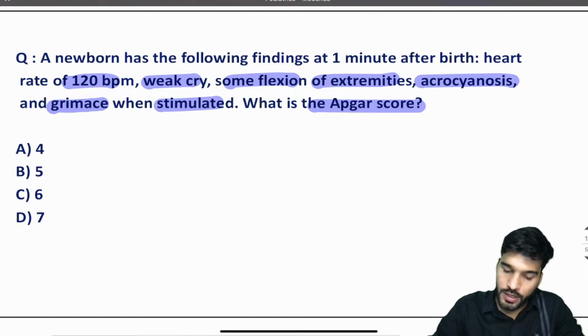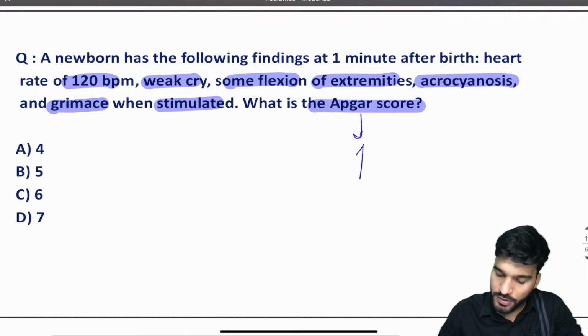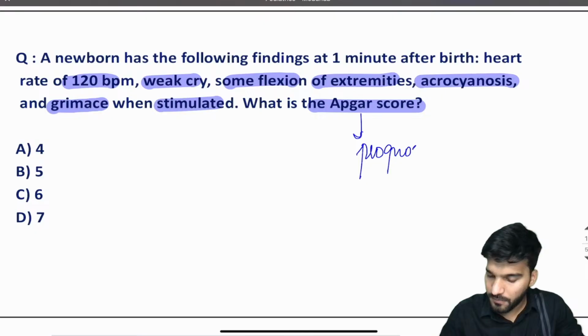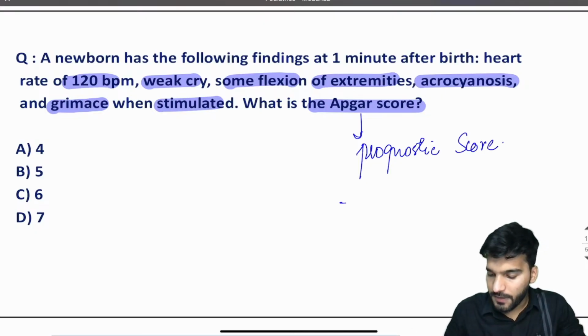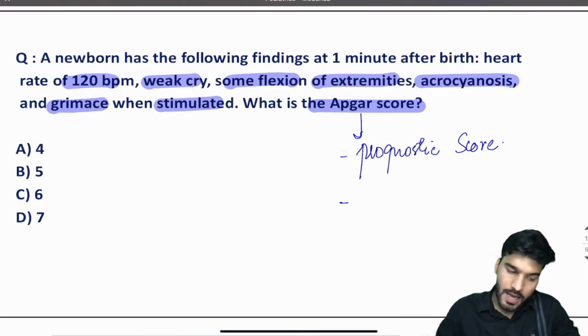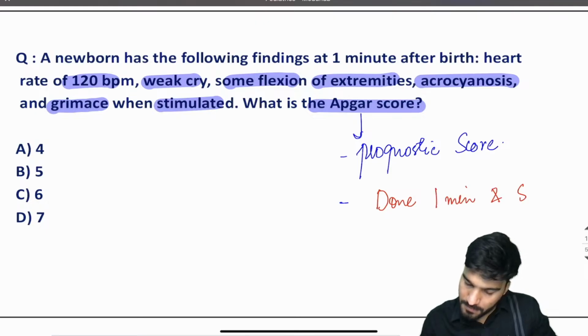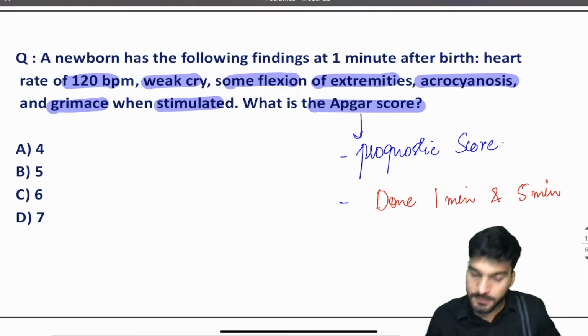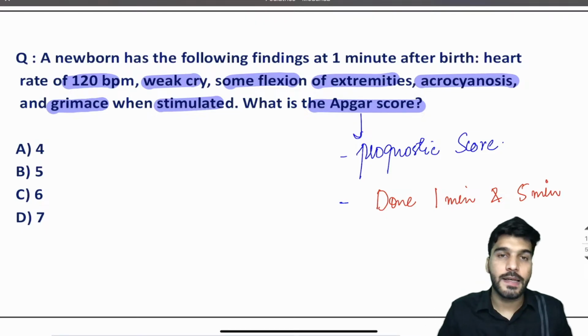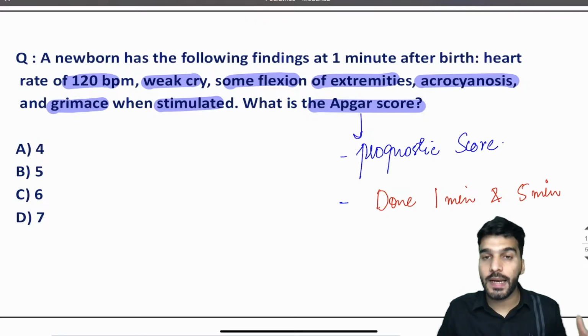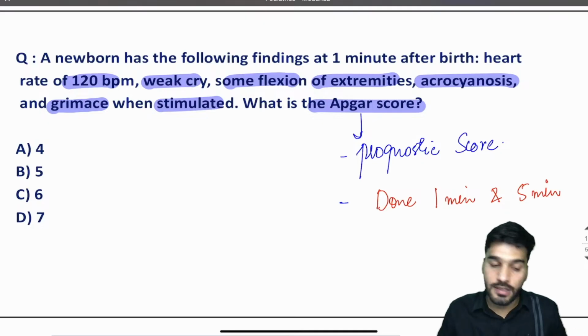Now you already know guys, the Apgar score is a prognostic score. Second thing is, it is done at 1 minute and 5 minutes, and this score indicates whether the patient needs resuscitation or not.